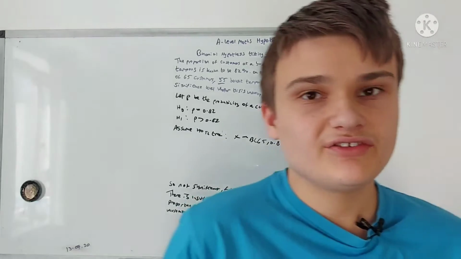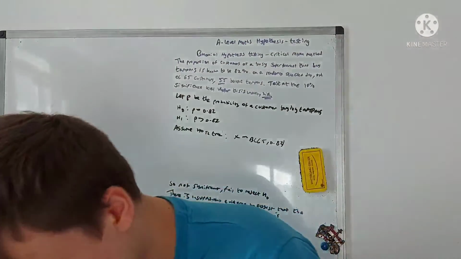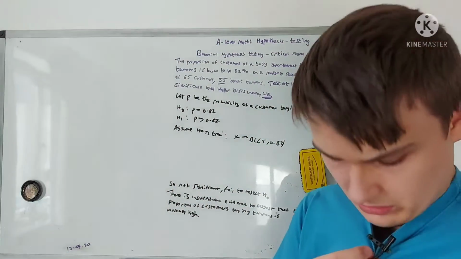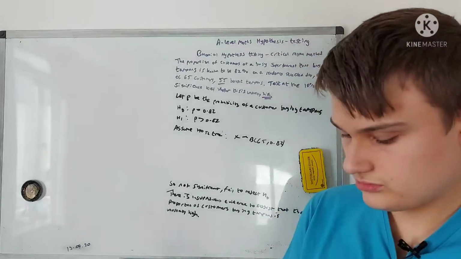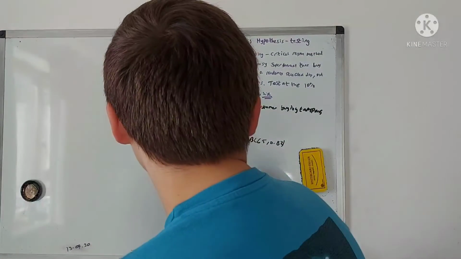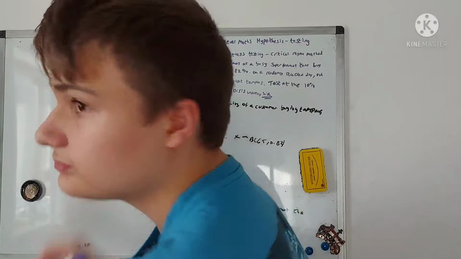Now to get what we need here, we're going to create a little table. I'm going to put an X column and a P column. Hopefully you can still hear me, by the way.